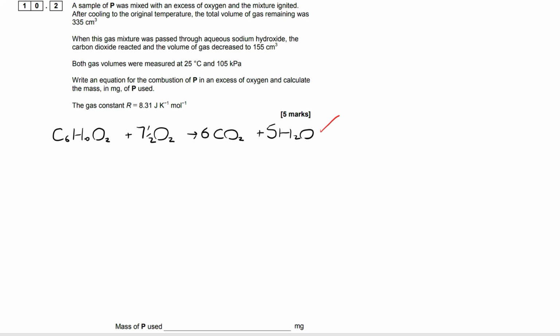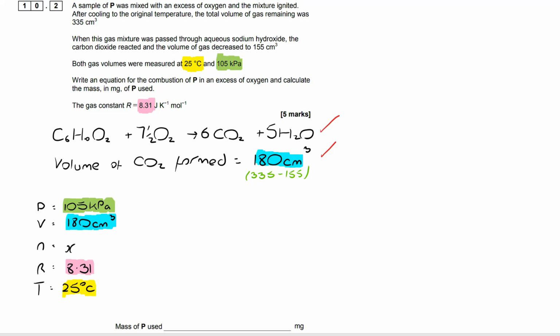Now, from there, I am going to start to fill in all of the data, and I'm going to take that, and I've highlighted it as you can see here, because this is going to allow me to work out N. My V, the 180, I've shown you how we've worked that out. It's the 335 cm cubed that you can see in the top paragraph, and we're decreasing to 155.